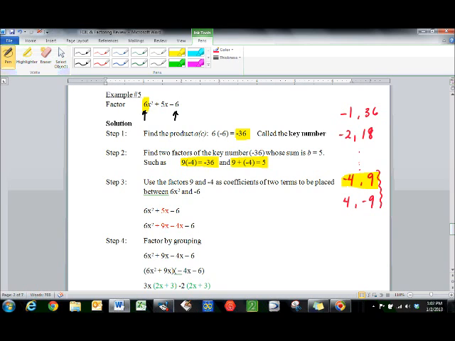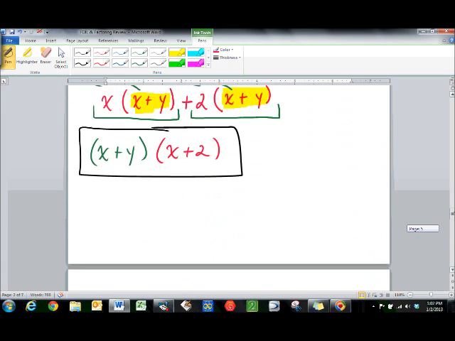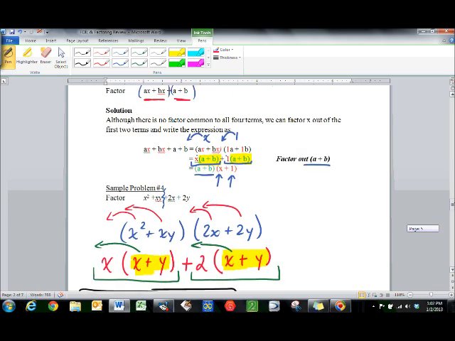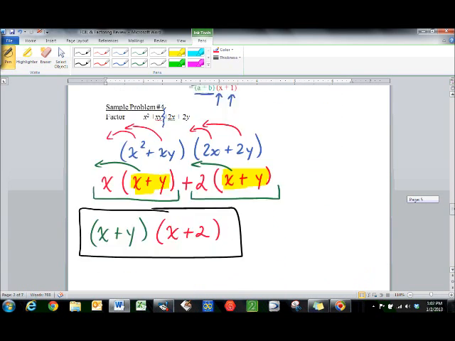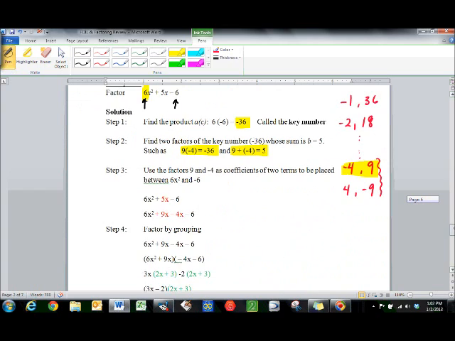Now, this is where the grouping process begins. If you recall back to the previous example, we had 4 terms so that we could group it into 2 separate binomials. Well, we need to create that situation here.